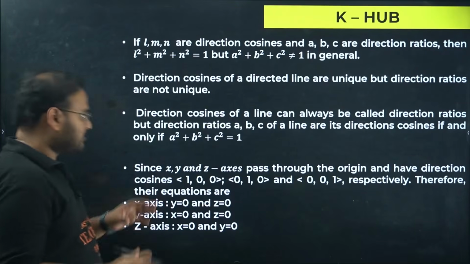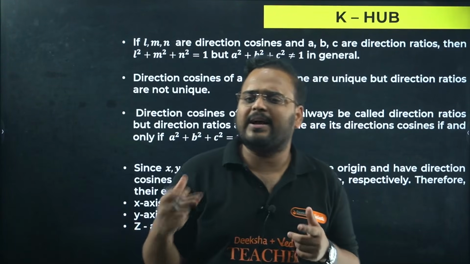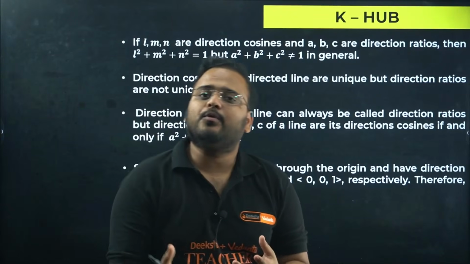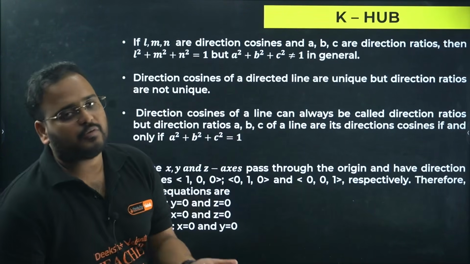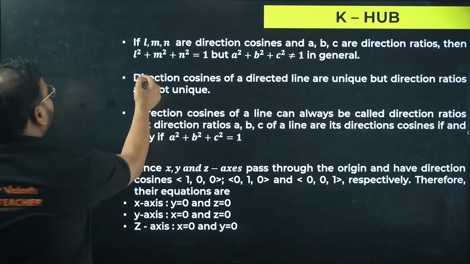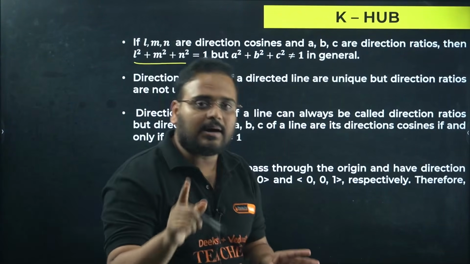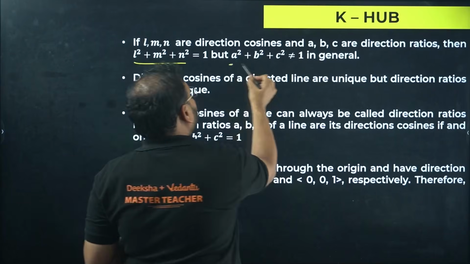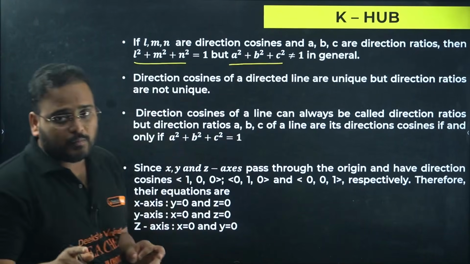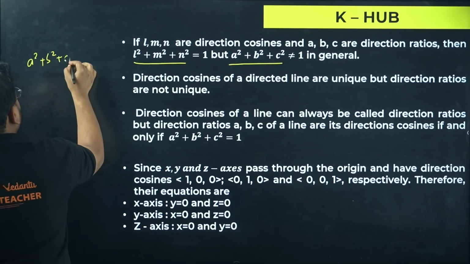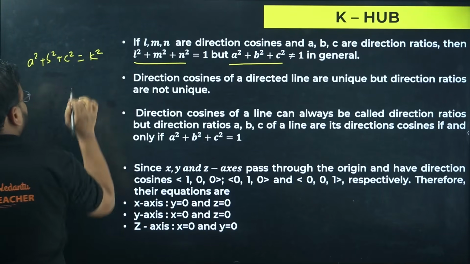Now in the knowledge hub, let me summarize everything once, because it is very important. These results will help you solve MCQs in PU2 and questions in KCET. The first result is very simple. Squares of l, m, n taken in sum is always 1. But for a, b, c, the value of a square plus b square plus c square is always equal to a constant k square.